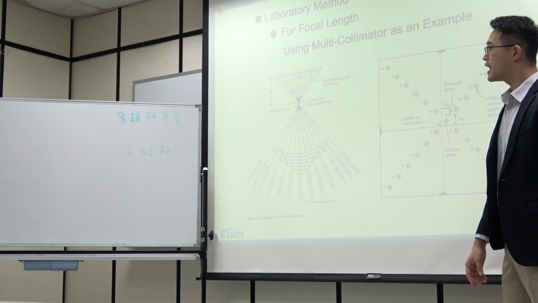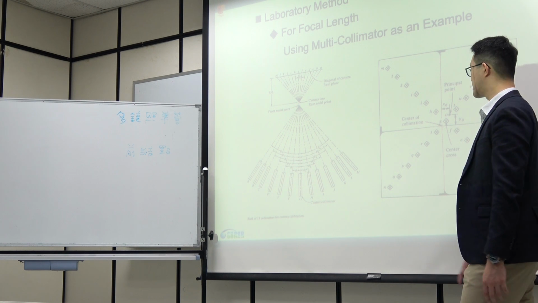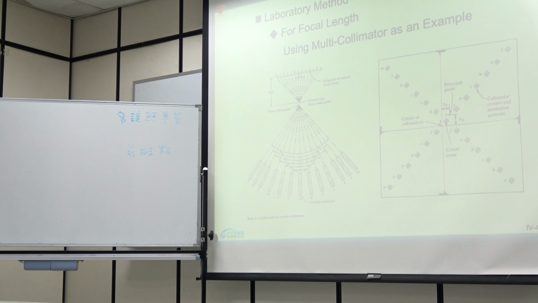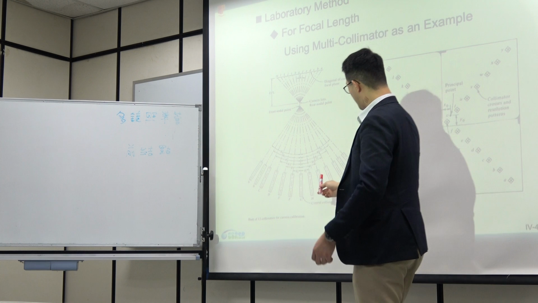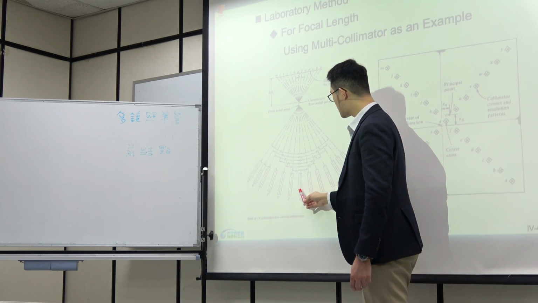So the question is, how can we calculate that just from this image? We don't have enough information, but because the multi-collimator is created by us, we can control what that machine is.